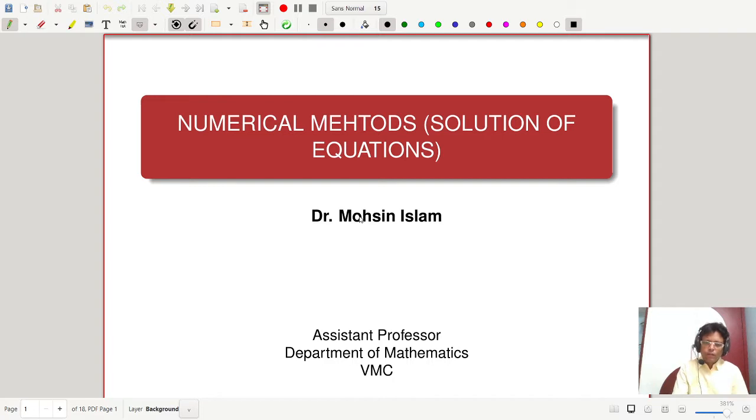So, we are talking about the solutions of equations. Finding one or more roots of an equation, f(x) equal to 0, is one of the more commonly occurring problems of applied mathematics. So, in most cases, explicit solutions are not available.